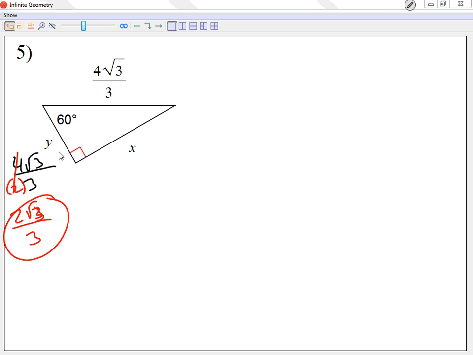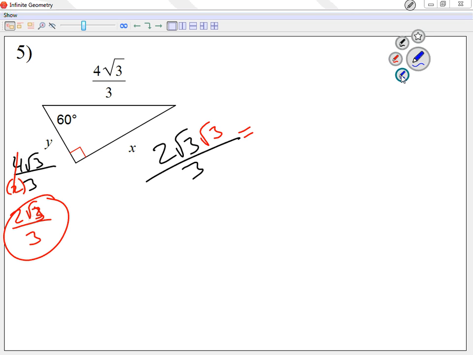2 radical 3 over 3. I divided by 2. To get to x, I have to start with the small side, which is that. Right? Write down what you have, then figure what to do. To get to this side, I have to multiply by radical 3. If you multiply the radicals, that becomes a whole number.